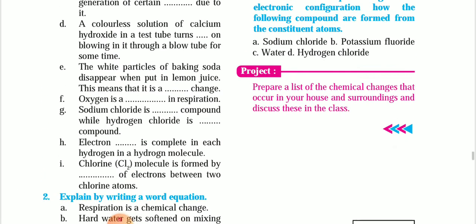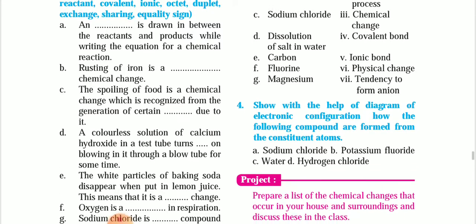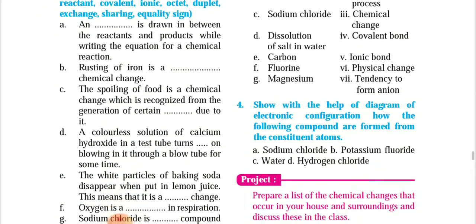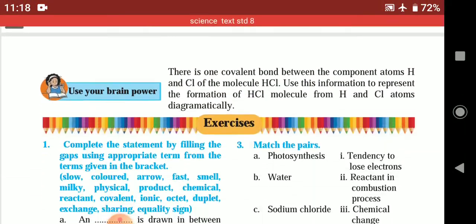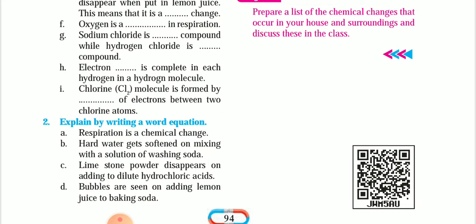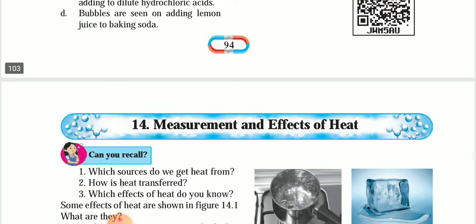These word equations are very important. Show with the help of a diagram the electronic configuration. As well as that, some questions will be asked on neutralization or properties of acids and bases.